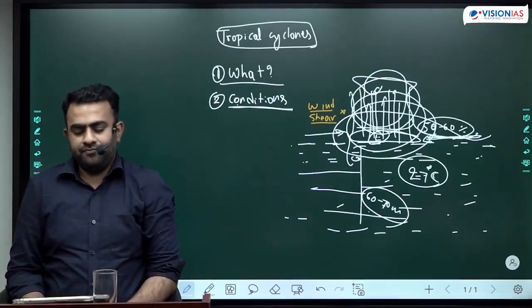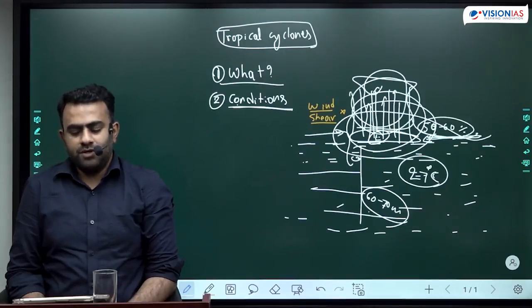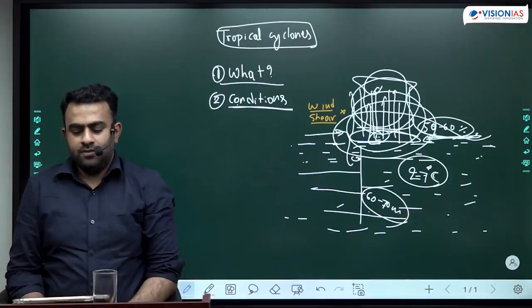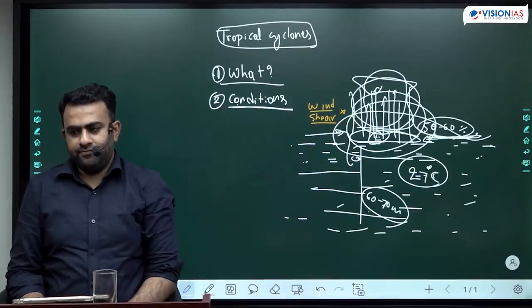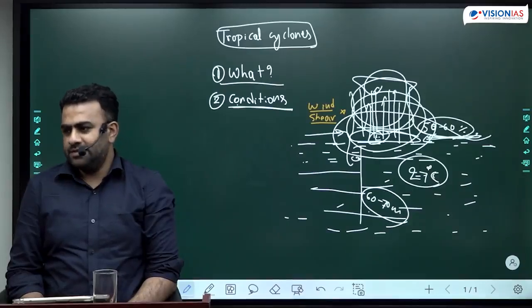Next point. Second, depth of warm water. That is, 27 degrees Celsius temperature should extend up to the depth of 60 to 70 meters from the surface.